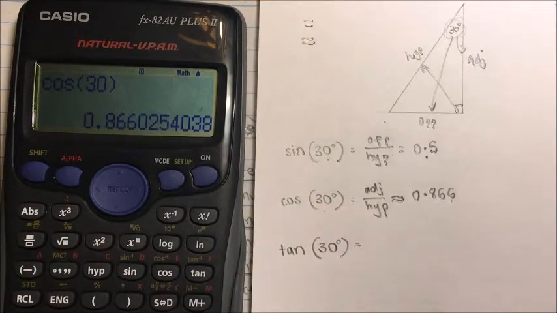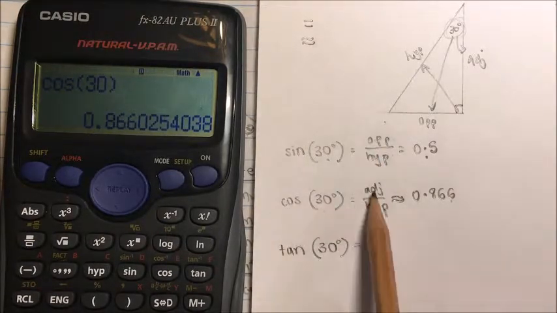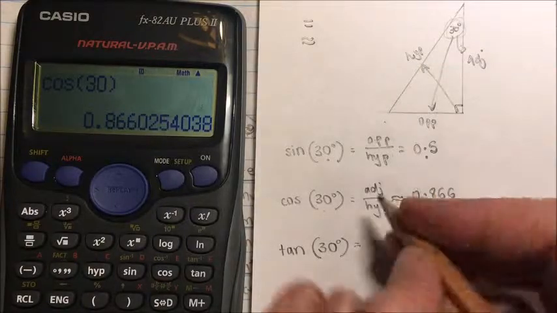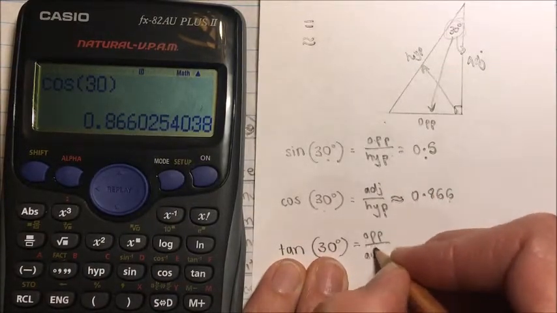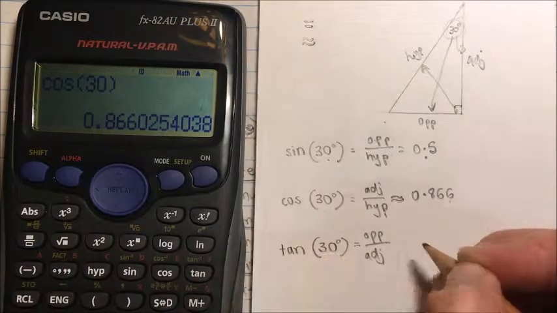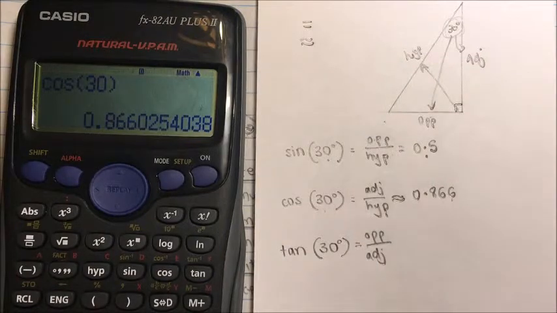Finally, let's have a look at the tangent. So, SOH, CAH, TOA. Opposite over adjacent. So let's have a look at what the nature of the relationship between the opposite and the adjacent is. Tan, again, the bracket comes up for you.